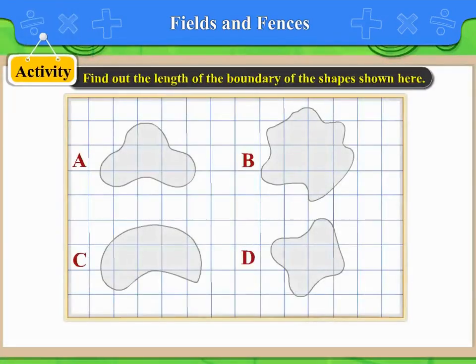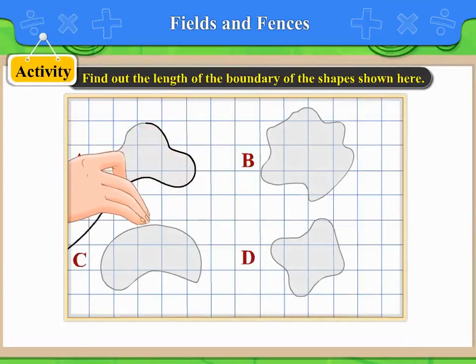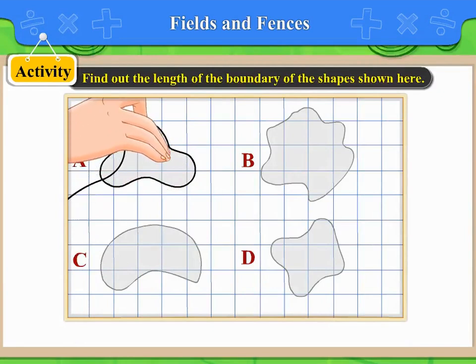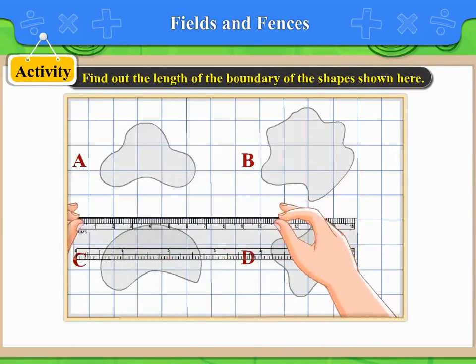Activity. Find out the length of the boundary of the shapes shown here. You can use a thread. Take a thread and place it along the boundary of shape A like this. Cut the extra thread. Now, straighten the thread and measure its length.